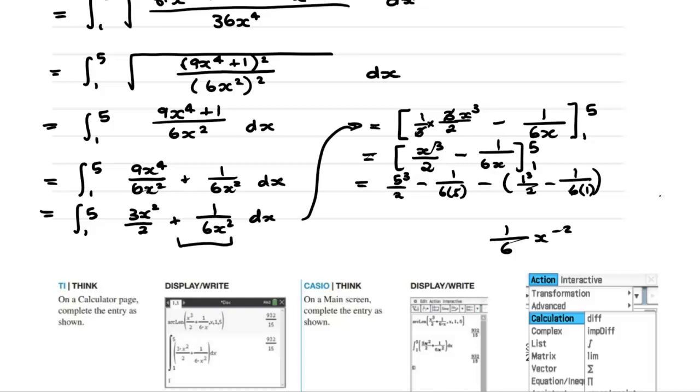So we've got a half minus a sixth in that second one, and doing the arithmetic with all that, we should get 932 over 15, and that will be units. It's just units, not anything like units squared or units cubed, because we are finding a length.